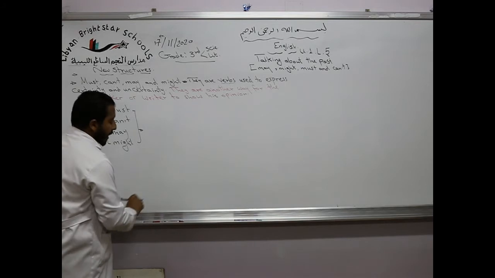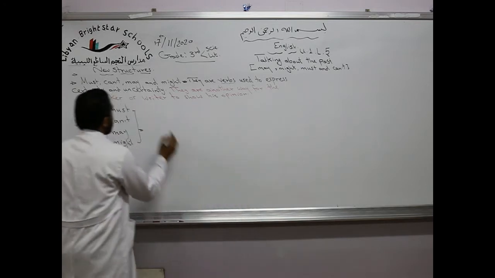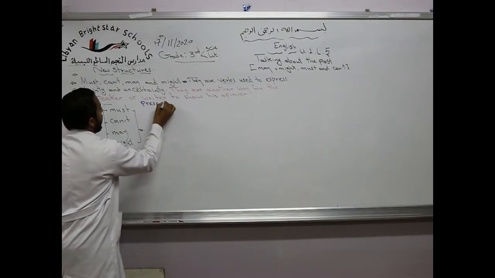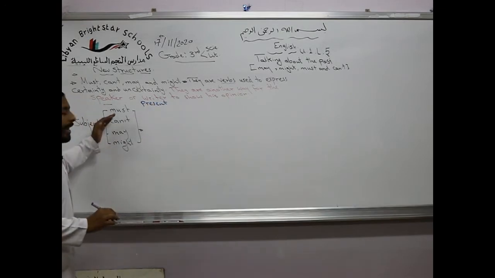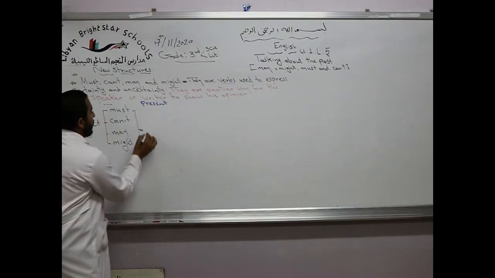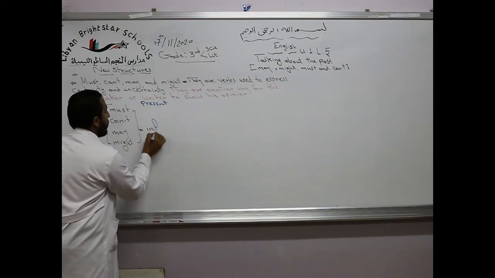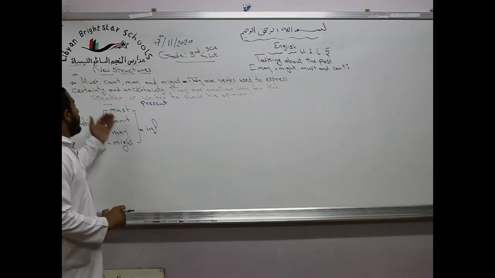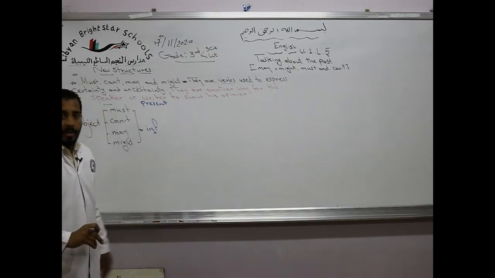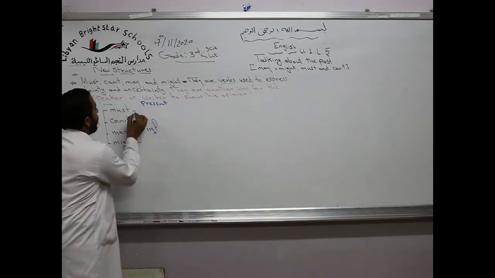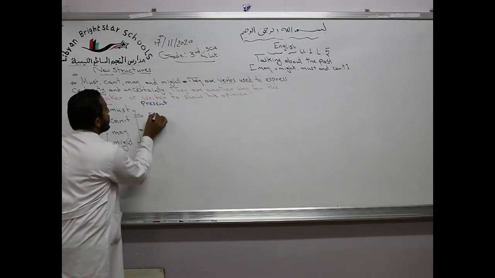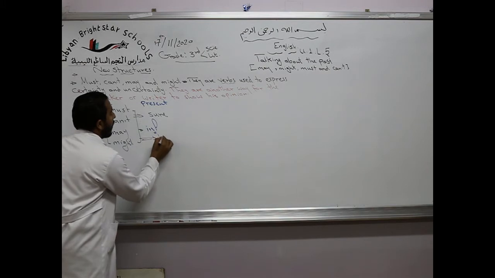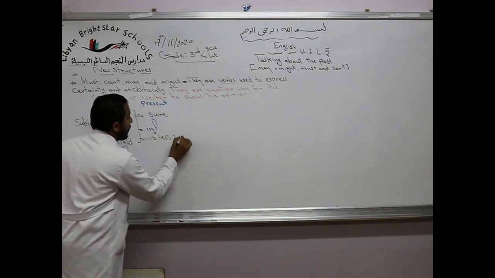If you are talking about the present, must, can't, may, might must be followed by the verb in the infinitive form. What's the meaning of must, can't, may, might here? Must and can't, we use them when we are sure about something. May and might, we use them when we are less sure.